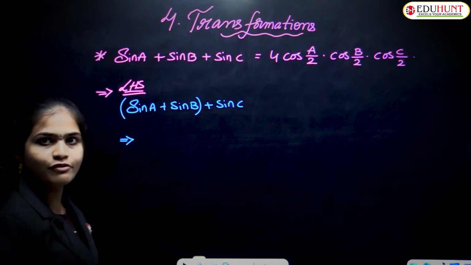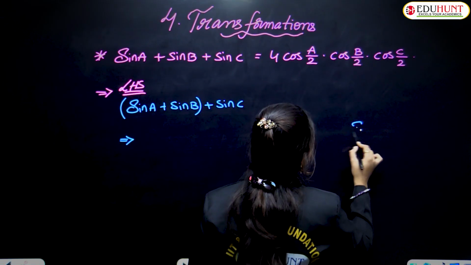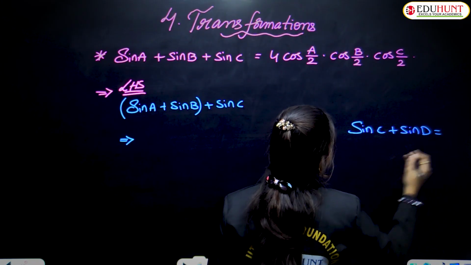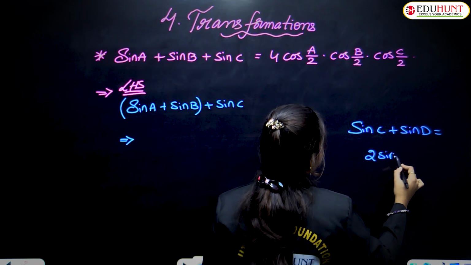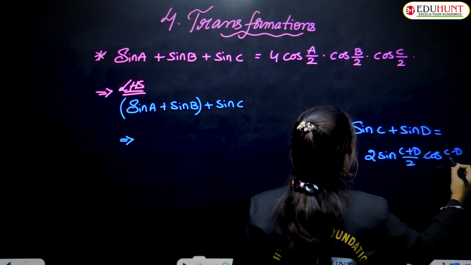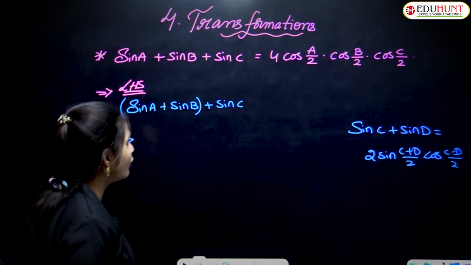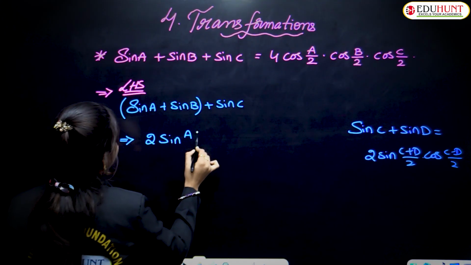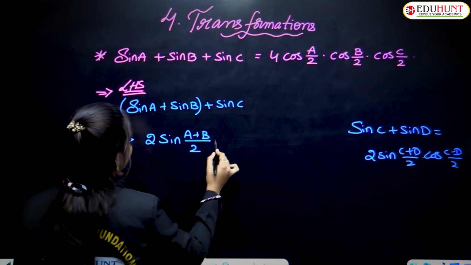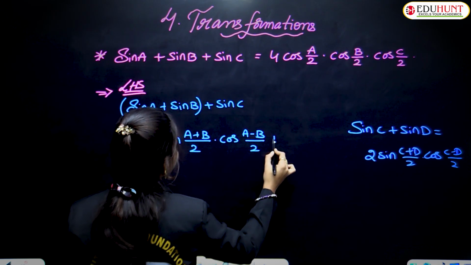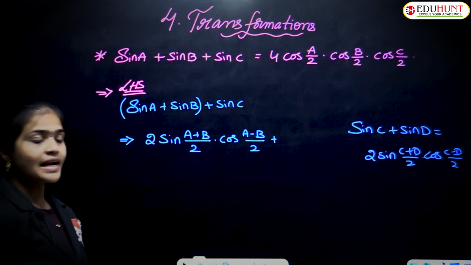The sin C plus sin D formula is 2 sin of (C plus D) by 2 into cos of (C minus D) by 2. So here, 2 sin of (A plus B) by 2 into cos of (A minus B) by 2, plus sin C.